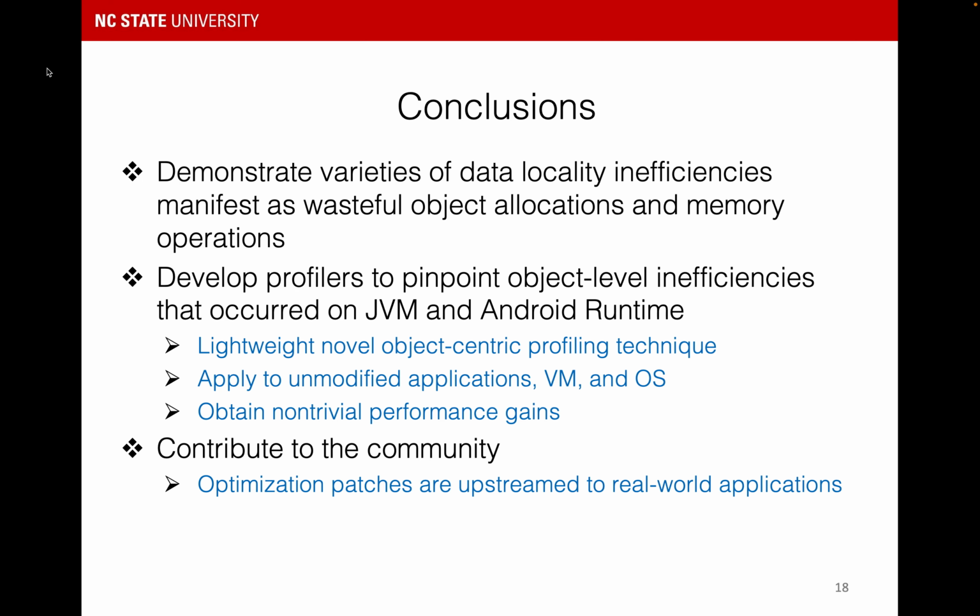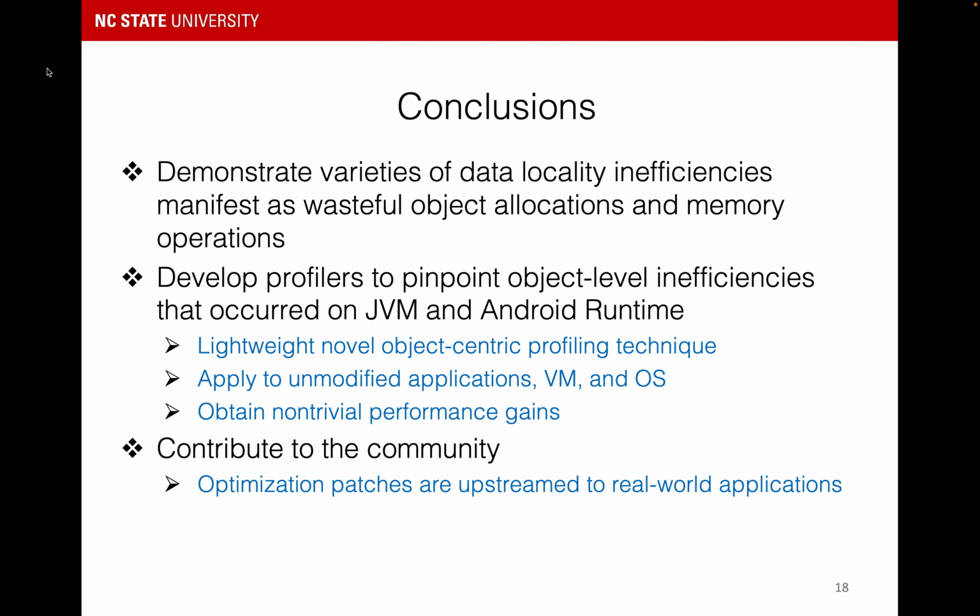And finally, this is the conclusion part. This work categorized the varieties of data locality inefficiencies manifested as wasteful object allocation and memory operations. This work developed DJXPerf to pinpoint data locality inefficiencies in Java programs.